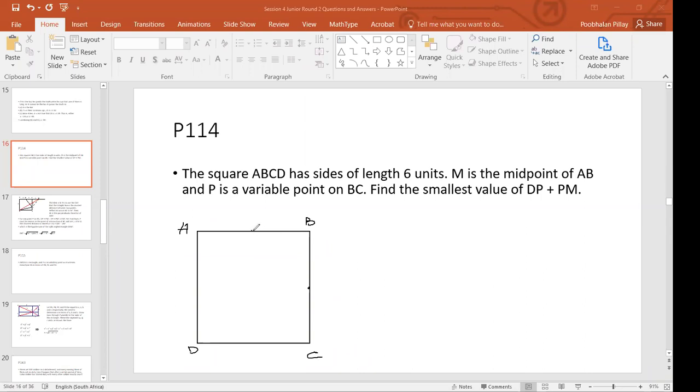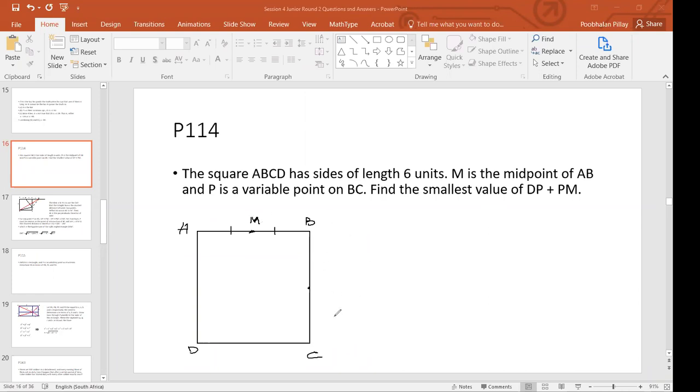So M is a midpoint here. P is a variable point in BC. I mean, P could be here or anywhere here. And the question is find the smallest value, and this is M.